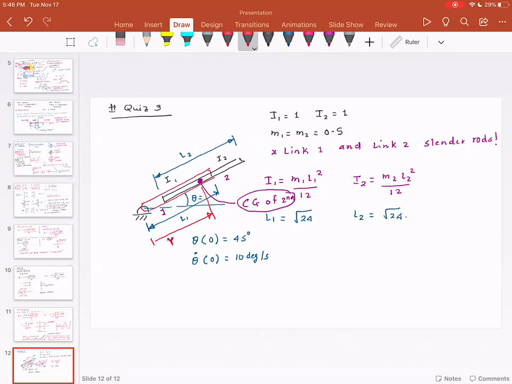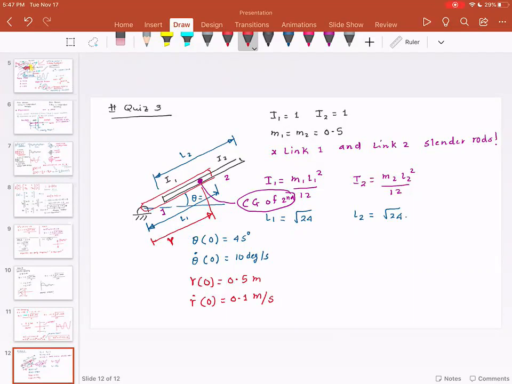So whenever you solve this problem, you are going to have differential equations in theta dot, and you will have differential equations in r dot. Your initial value of r at 0 is going to be 0.5 meters, and r dot at 0 is going to be 0.1 meters per second.